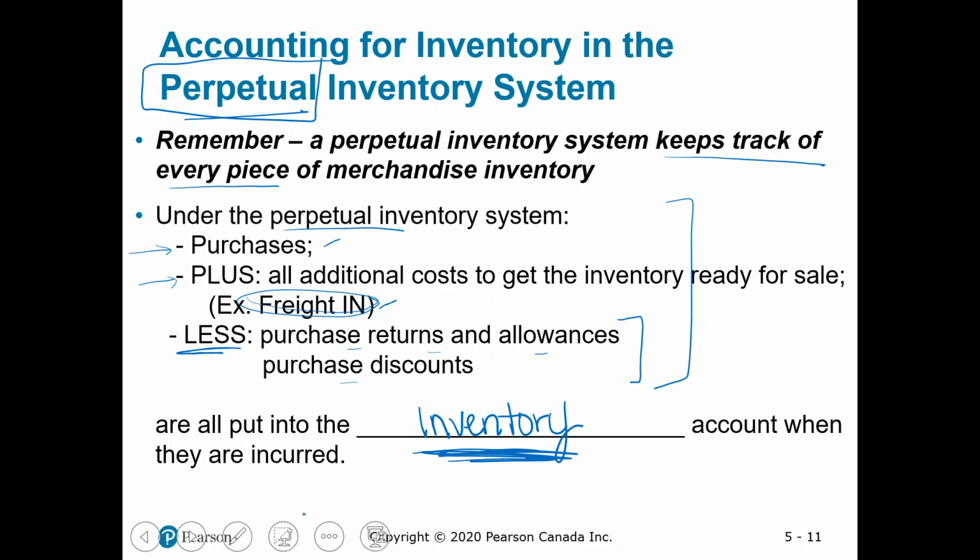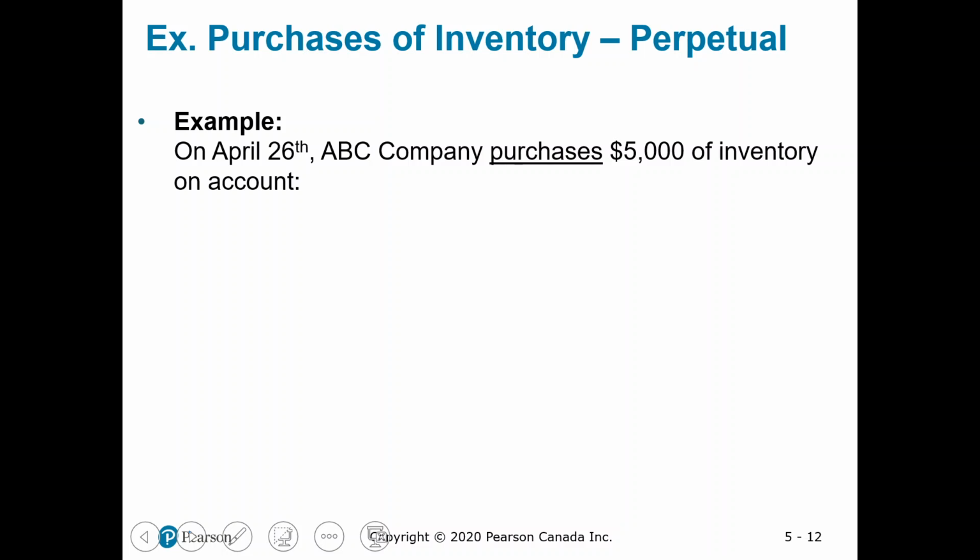So we're always putting things through the inventory account for purchases in the perpetual system. So let's look at the first one here, how we record a purchase of the inventory. So the original invoice we get for that. An example here says that on April 26th, ABC Company purchases $5,000 of inventory on account. So we need to record this entry. We are ABC Company, so we are doing this purchase.